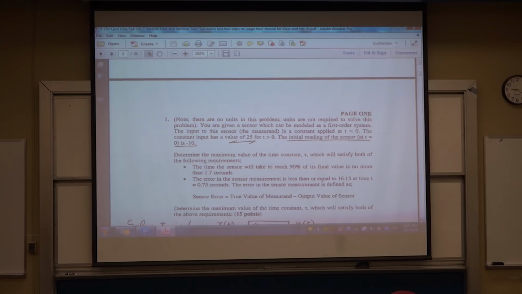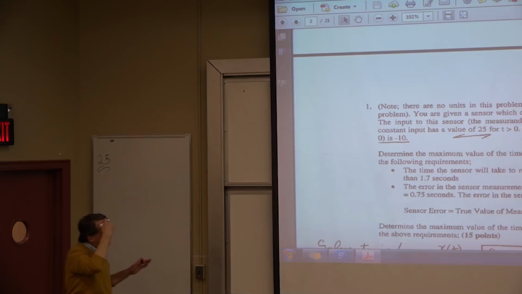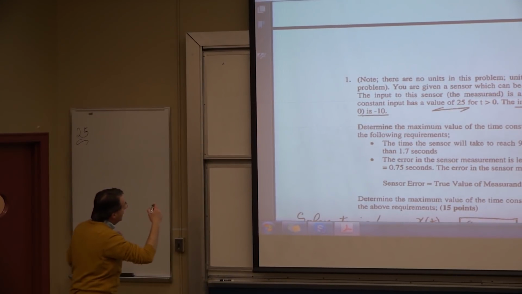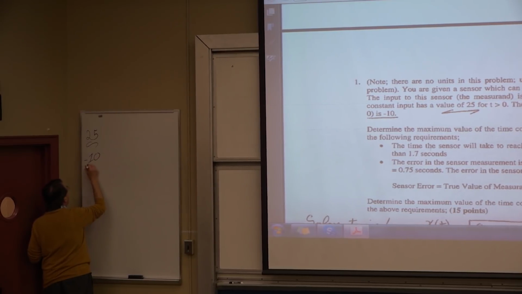Okay, I think this is a chapter 2 problem. And the input to the sensor is a constant applied at t equals 0. And the constant input has a value of 25 for t greater than 0. So I'm just going to write down 25, t greater than 0. And the initial reading is minus 10. Okay? All right.